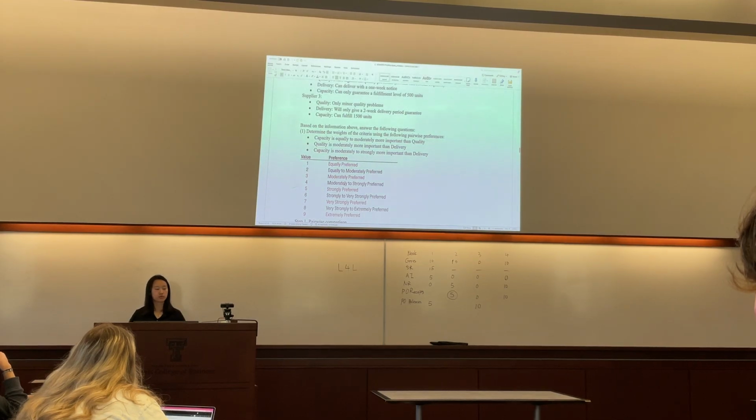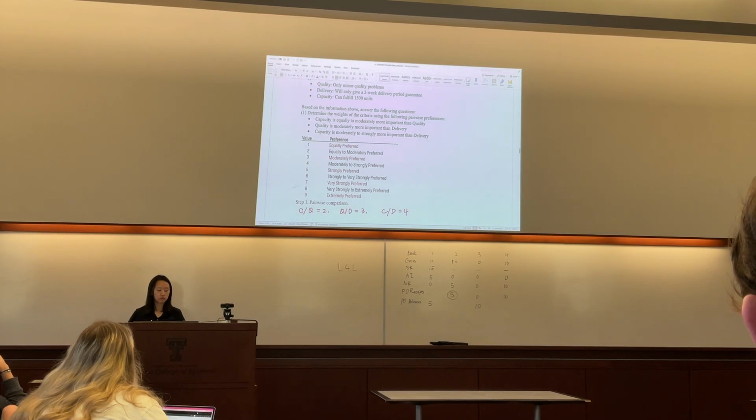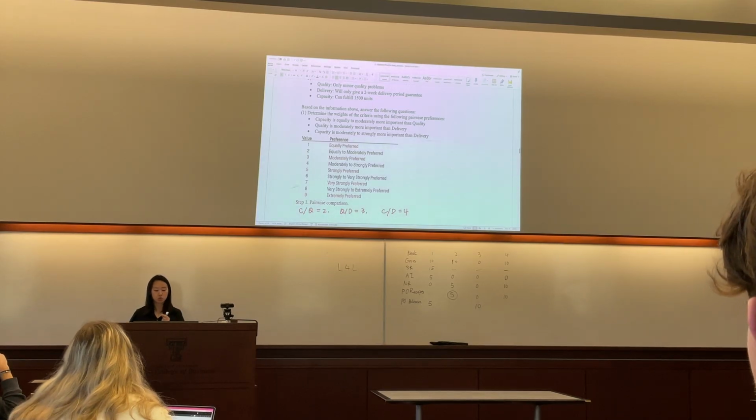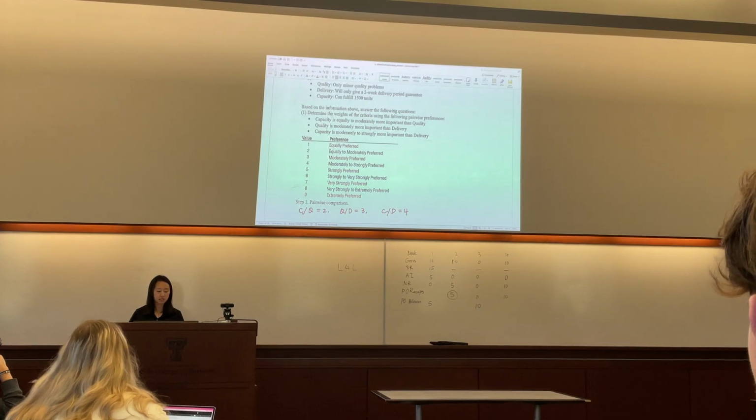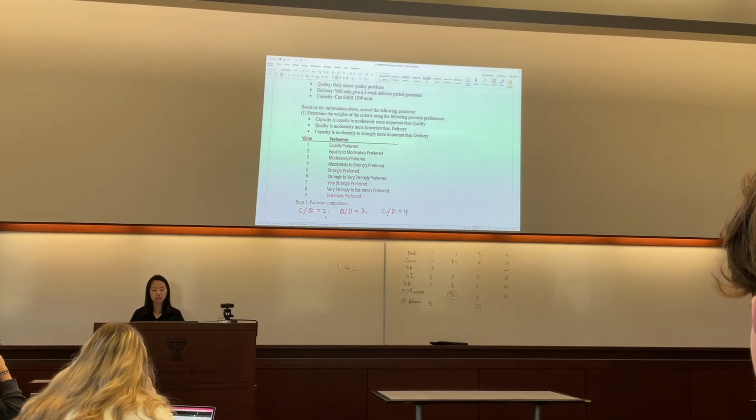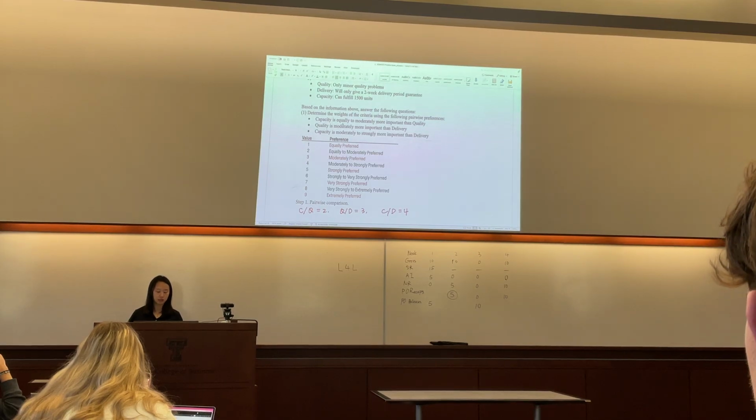Then you go to the preference table to see equally to moderately preferred. That gives you a value of 2. So you can say the capacity compared to quality, the value equals 2. Or in other words, capacity is 2 times more important than quality based on this pairwise comparison.